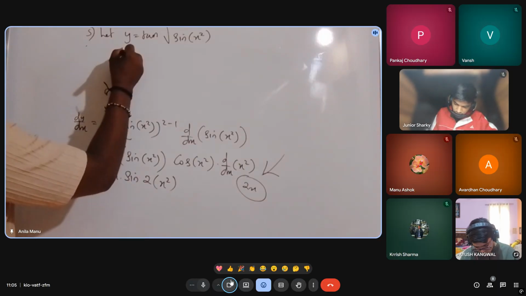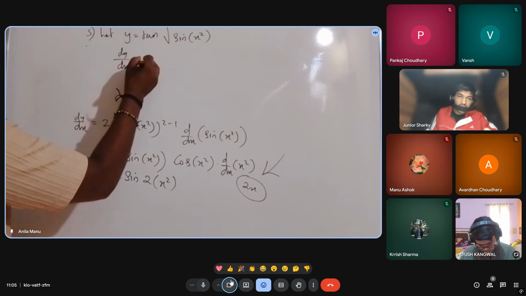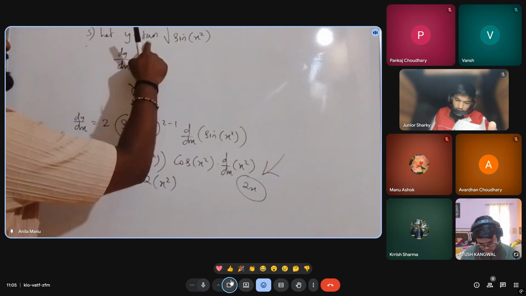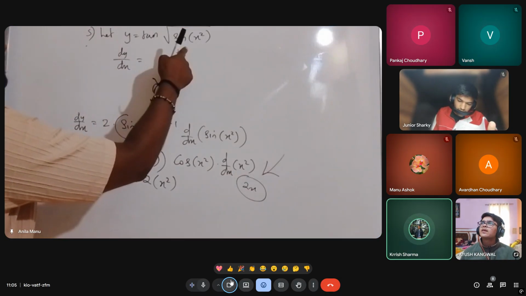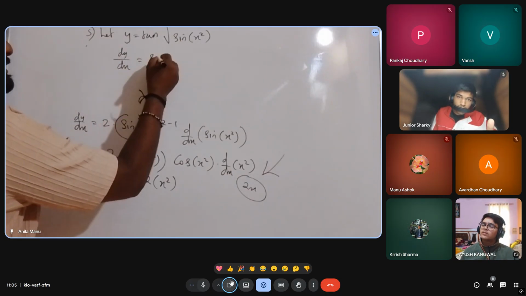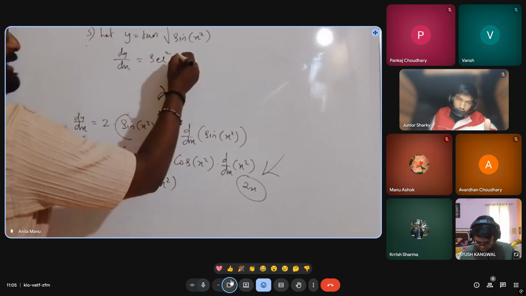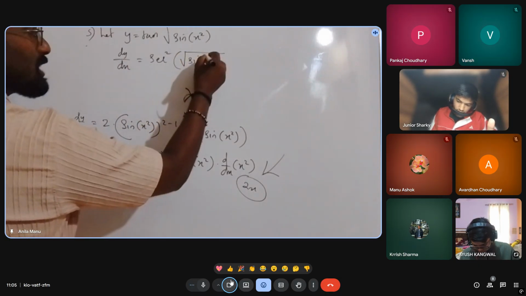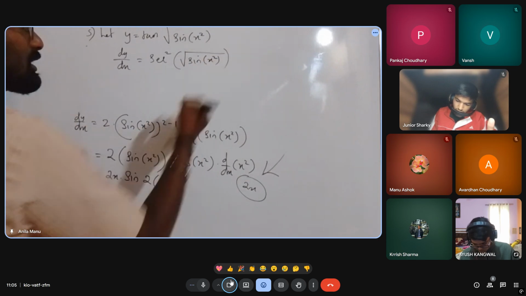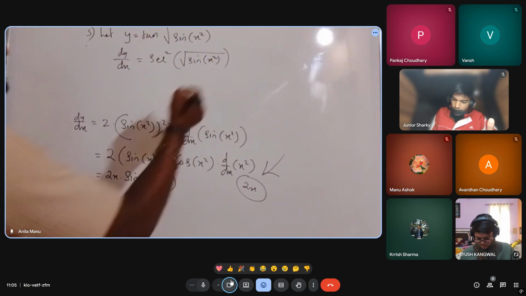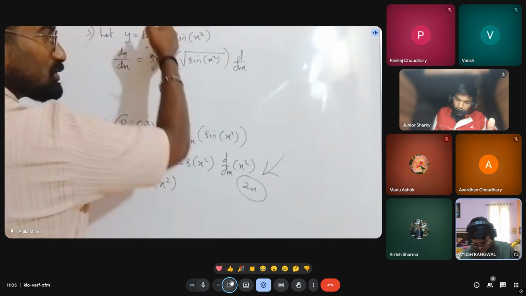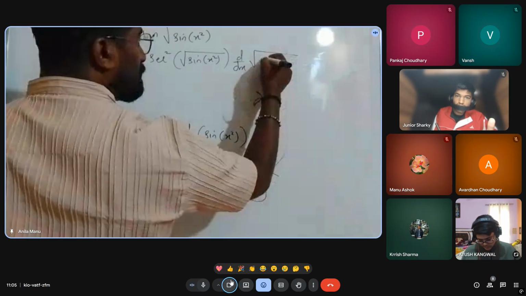So tell me the first function when I take dy by dx. What is first? tan. What is the derivative of tan x? sec square x. After tan, what do you have? Square root of sine of x square. Tell me what we have to differentiate.